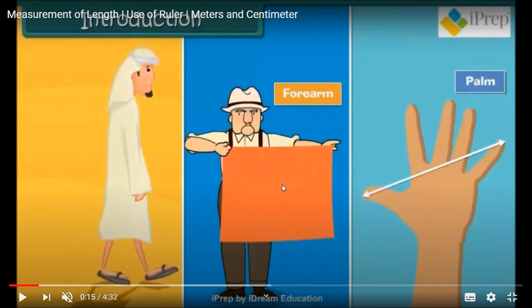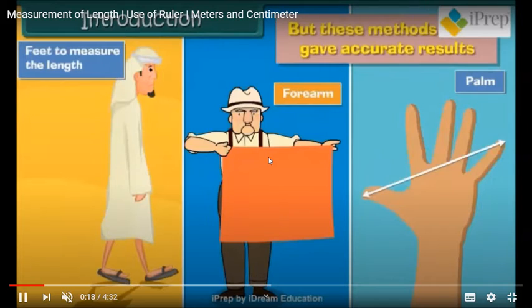They used their palm, starting from the tip of the thumb to the tip of the small finger, and the cubit, also feet, to measure the length. But this method did not give accurate results, which means we are not satisfied.